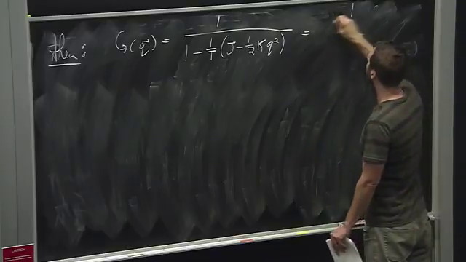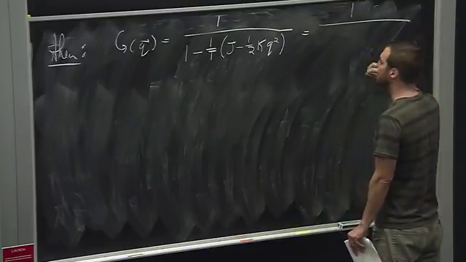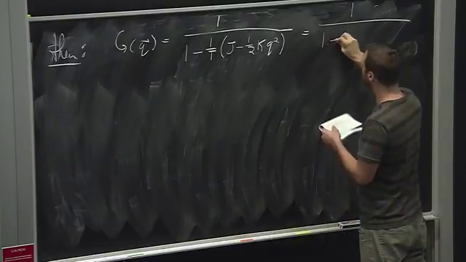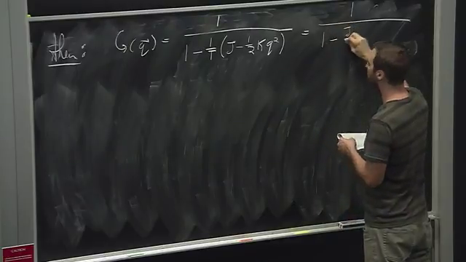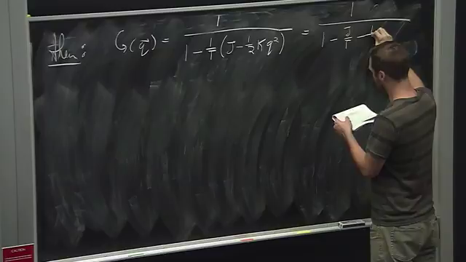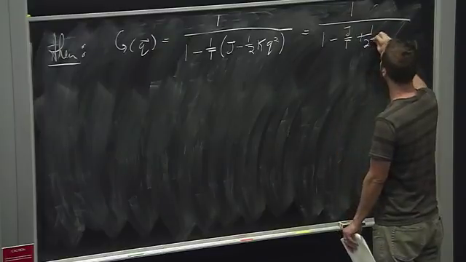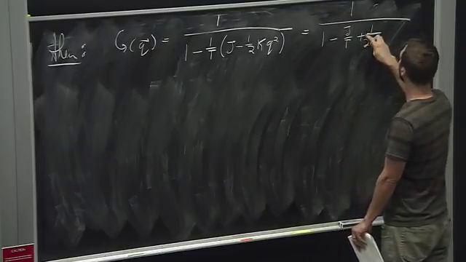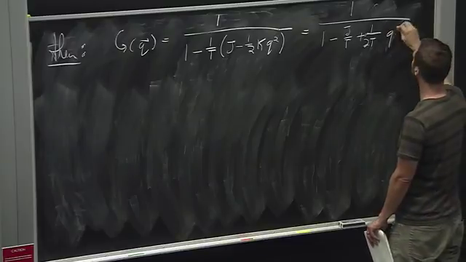Let's see, I want to pull out a t on top, so J over t plus 1 over 2t q squared.